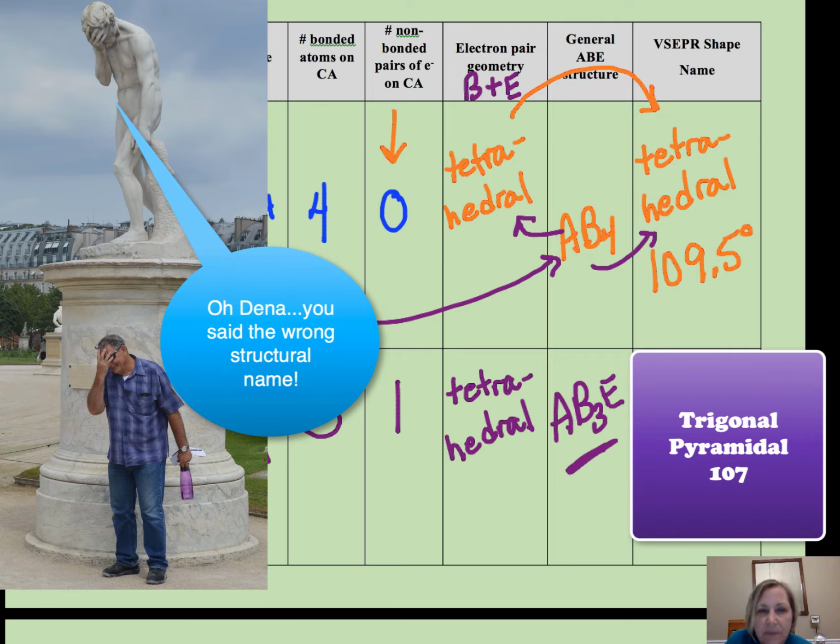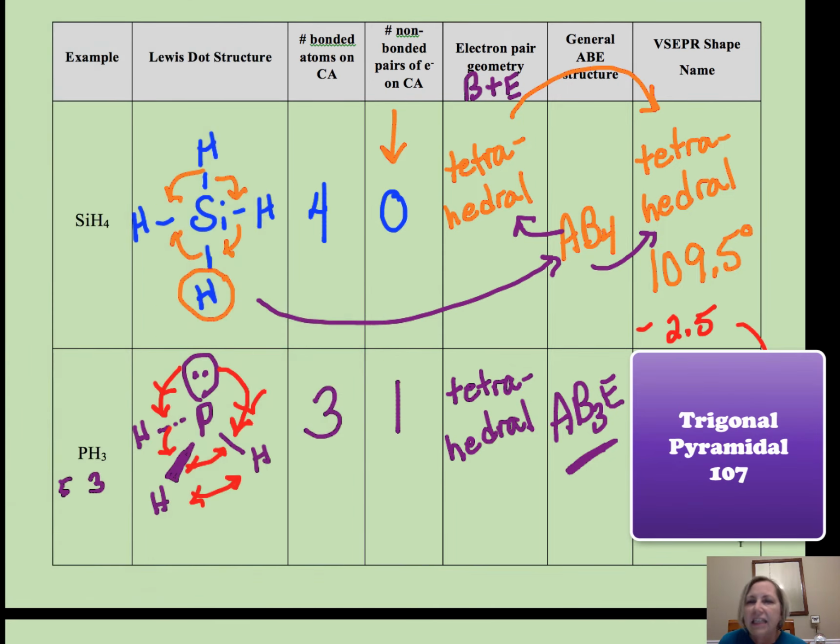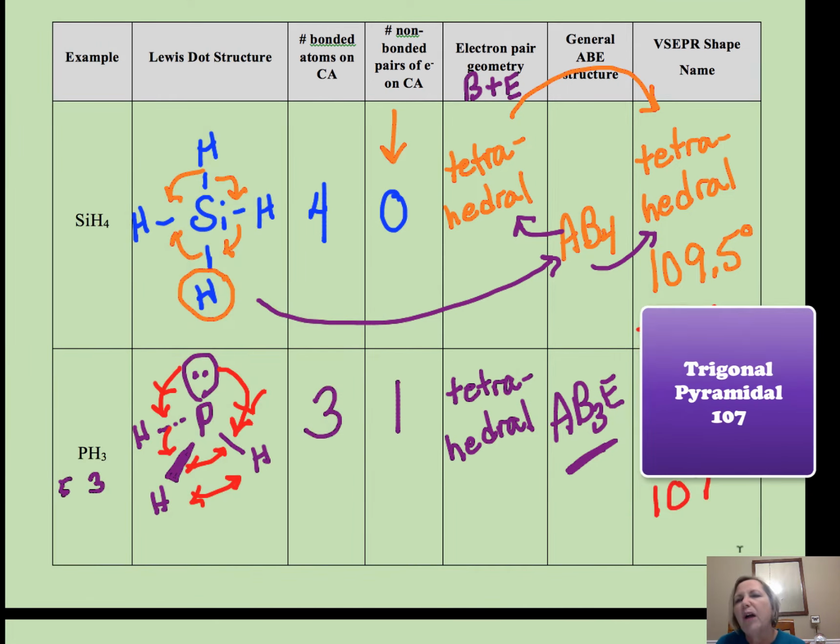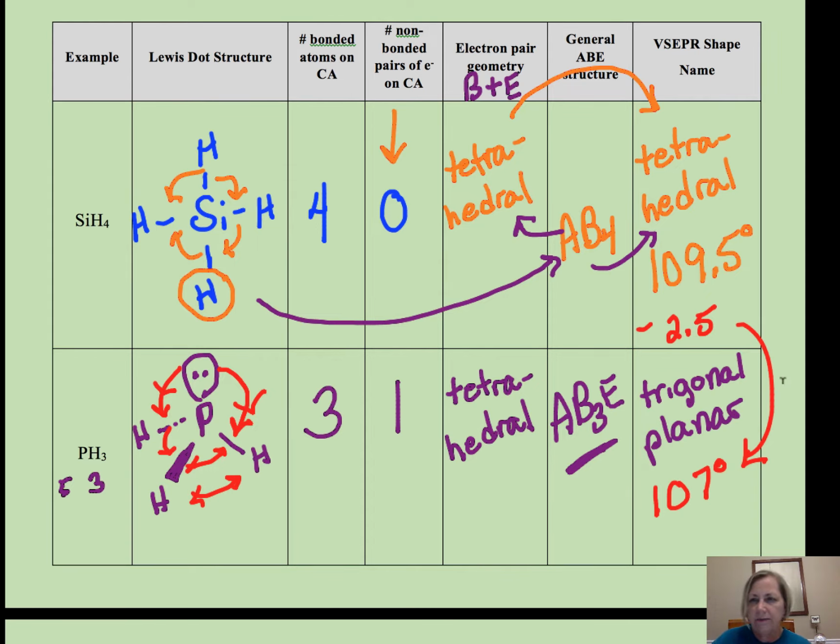What that does is it squishes this angle down a little bit. So instead of 109.5, it's on the order of 107 degrees. For every non-bonded pair of electrons, you can take away 2.5 degrees. So if I took away 2.5 degrees, you're going to get, not exactly, but pretty much in the ballpark of the angle that you need.